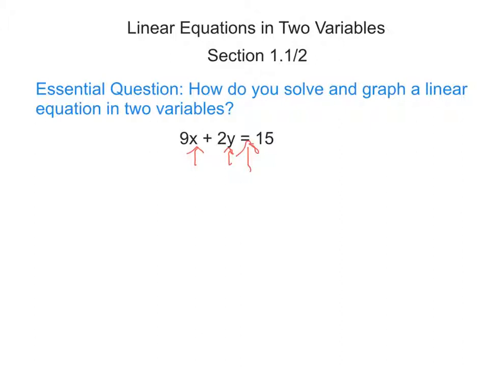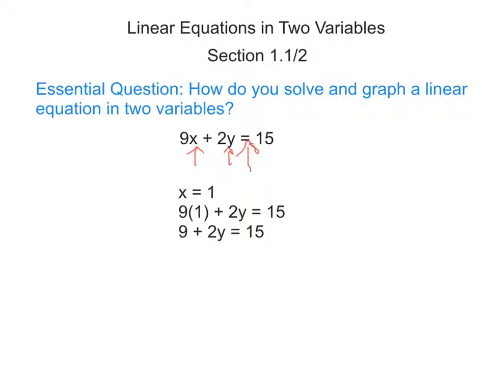Well, let's see. We could start off by saying, what if x equals 1? If I plugged in x equals 1, I'd have 9 times 1 plus 2y equals 15, or 9 plus 2y equals 15. What number do I have to add to 9 to get 15? Obviously the answer would be 6.